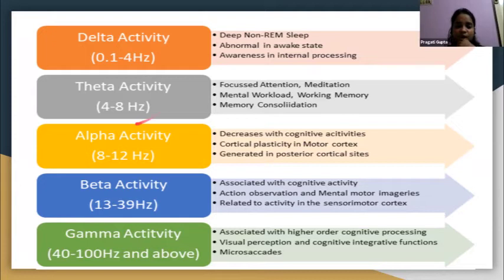Alpha activity appears when eyes are closed, and is sometimes also seen in cortical plasticity in the motor cortex, specifically in neurorehabilitation. In beta activity, we see higher cognitive processing associated with motor imagery and related to the sensorimotor cortex. In gamma activity, we have cortical binding, visual perception, and microsaccades.